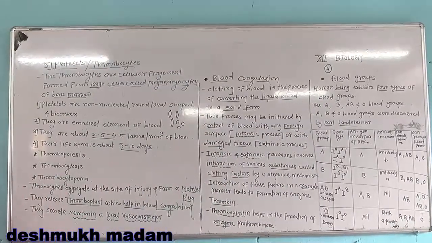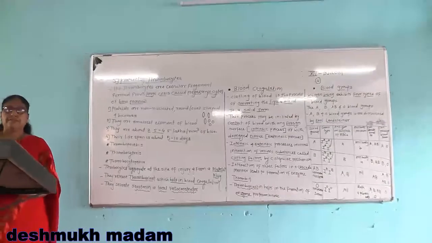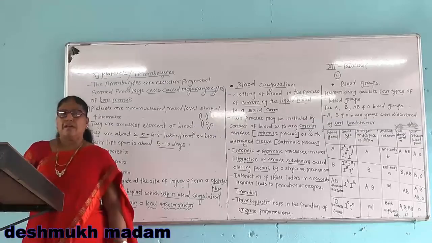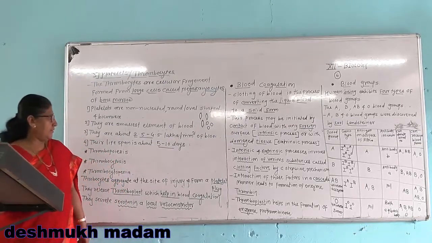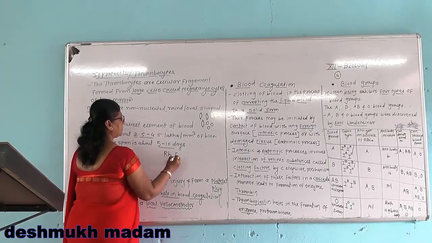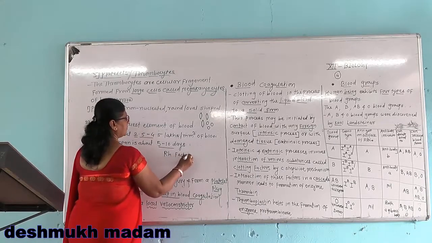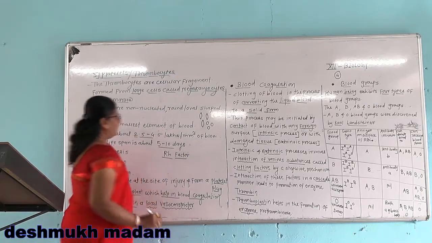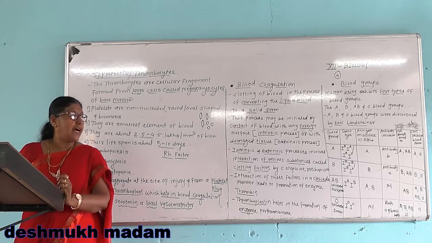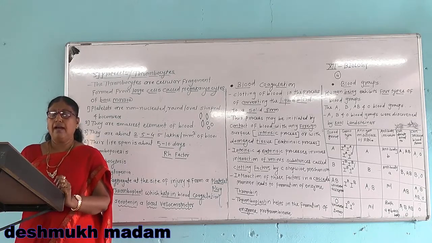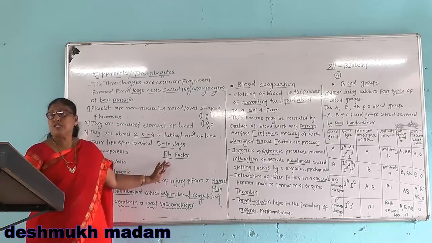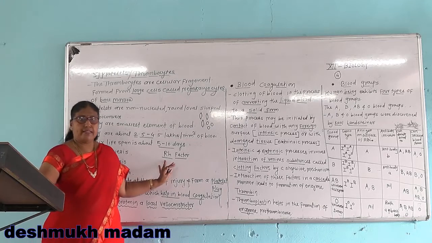Next is the RH factor. It is an antigen D present on the surface of red blood cells.